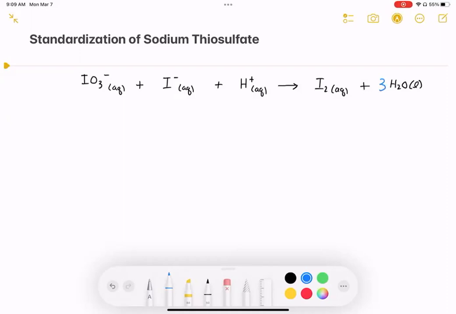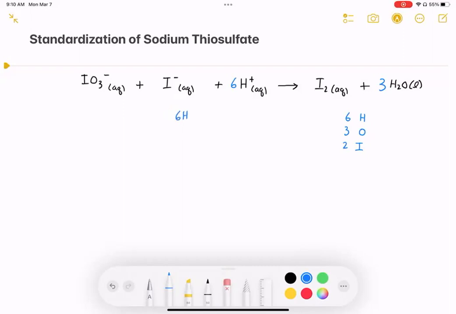All right, so now we have 6 hydrogens and 3 oxygens and 2 iodines. Let's go back in order. Now we put a 6 in front of here because we need 6 hydrogens.